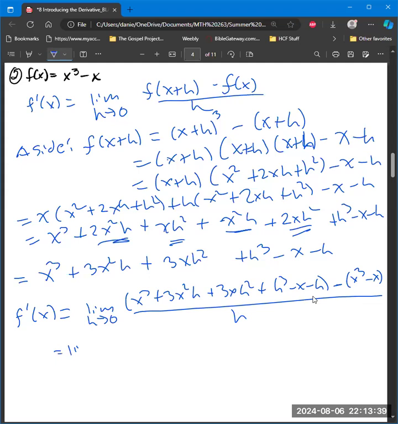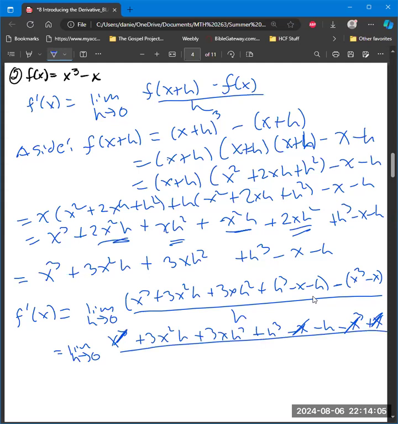That's going to be the limit as h goes to 0 of x cubed plus 3x squared h plus 3xh squared plus h cubed minus x minus h minus x cubed plus x. That adds to 0 and that adds to 0. Limit as h goes to 0 of 3x squared h plus 3xh squared plus h cubed minus h.